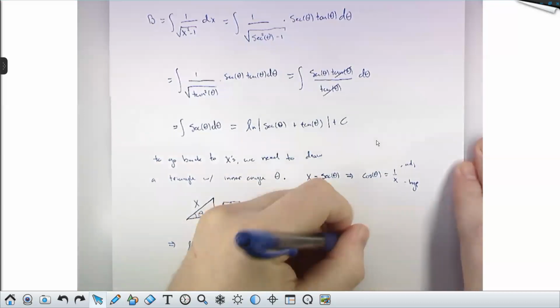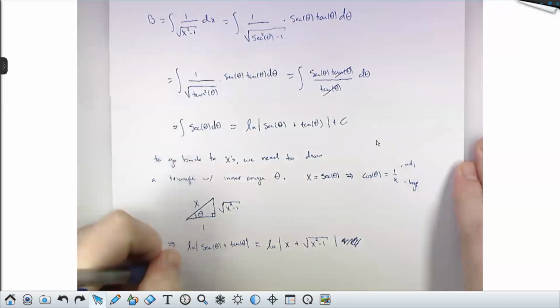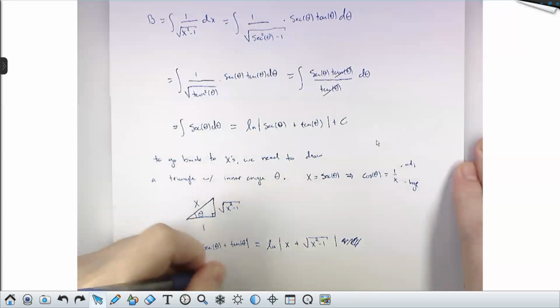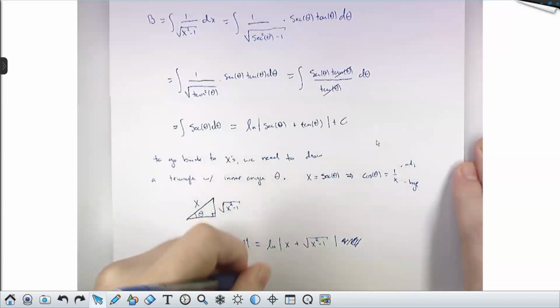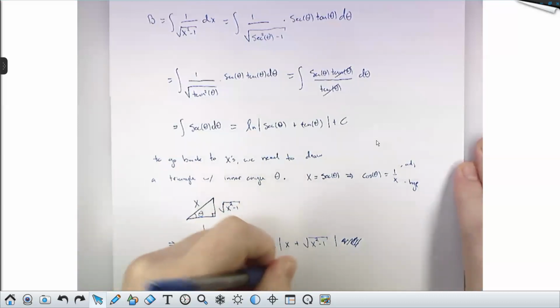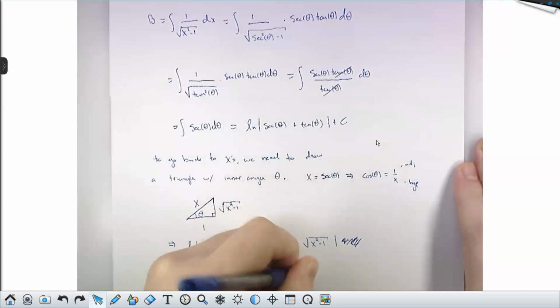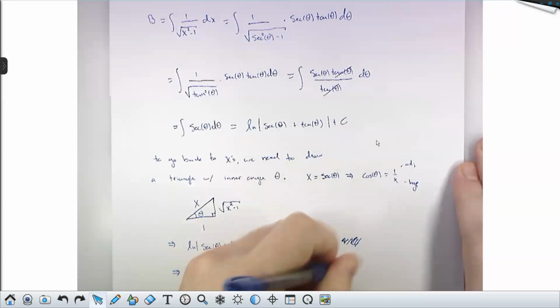Oh, no plus c's here, right? Yeah, sorry. So then the integral of 1 over the square root of x squared minus 1 dx is equal to the natural log of absolute value x plus square root x squared minus 1, plus c there.